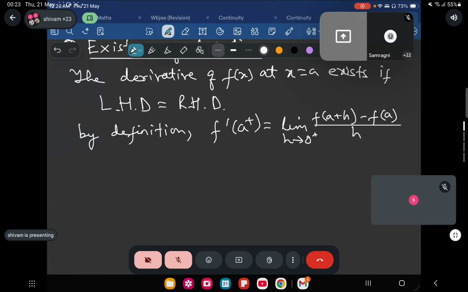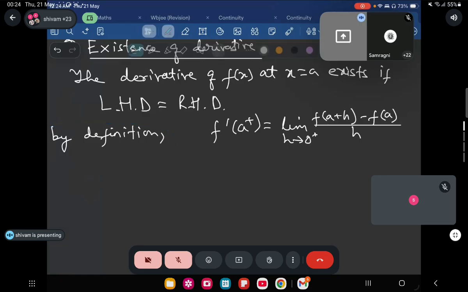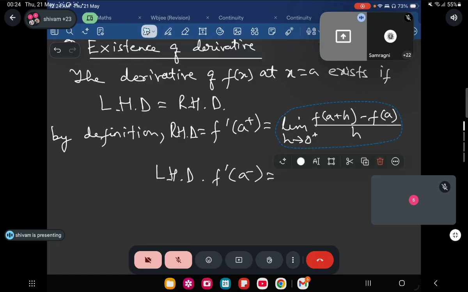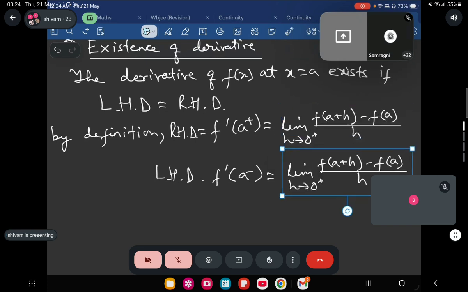This is RSD, the right hand derivative by definition. And LSD will be equal to f dash a minus, which is the same thing, but limit h tends to 0 minus.